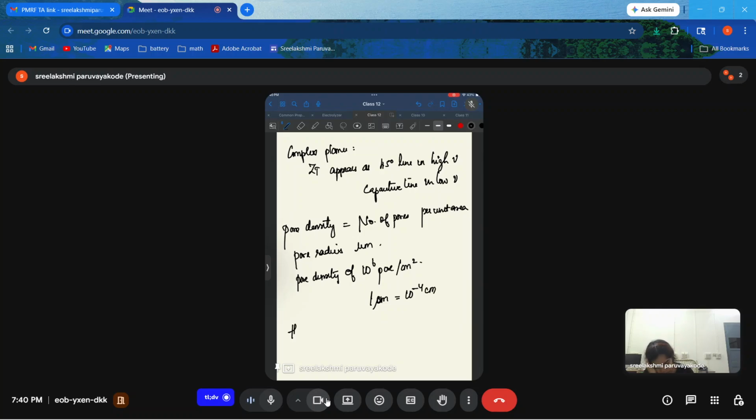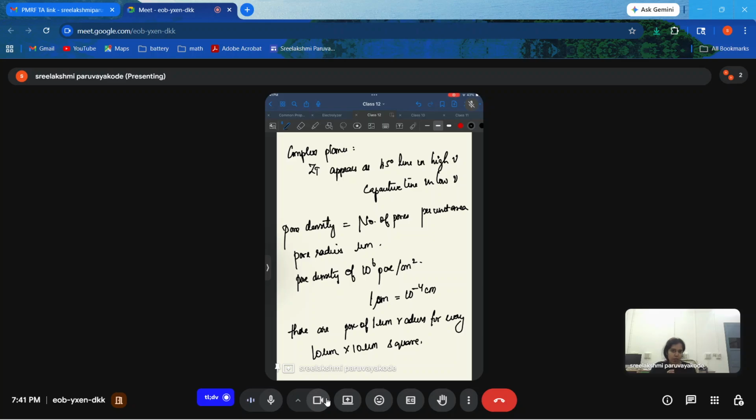In that case, you can say that there are pores of 1 micron radius for every 10 micron by 10 micron square. So this is like, let me write it, then I'll explain. So pore density is the number of pores you have per unit area.